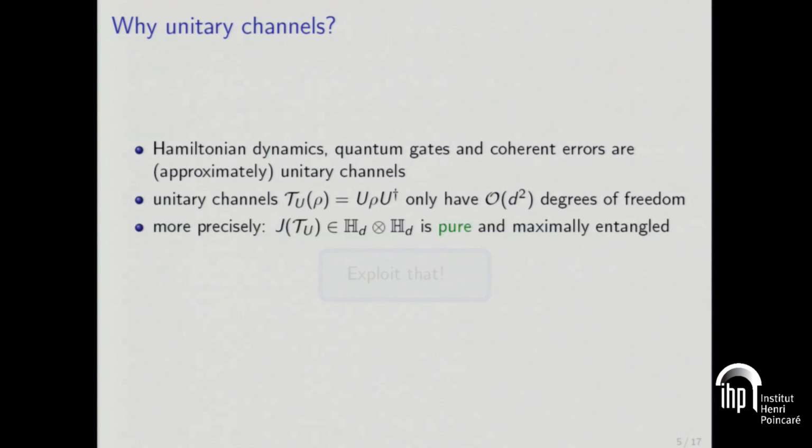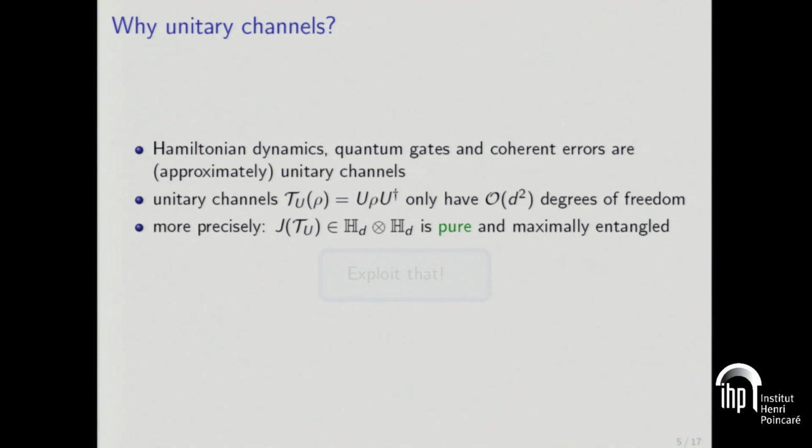And more precisely, if you look at the Choi matrix of a channel, so remember, the Choi-Jamiołkowski isomorphism maps every quantum map to a bipartite density operator. And this bipartite density operator is positive semi-definite if and only if the original channel is completely positive. This is the case in quantum.